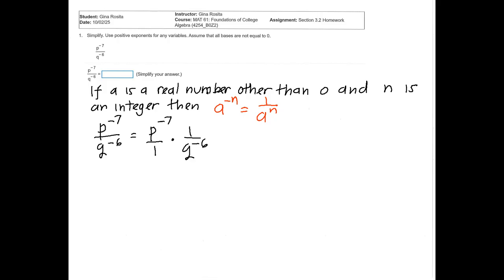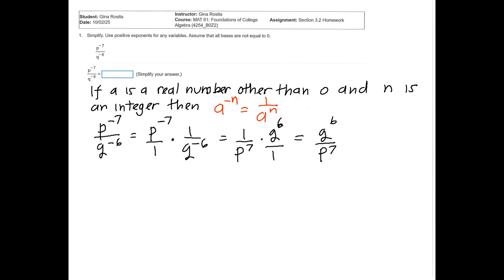After this, we just flip it. So it becomes 1 over p to the 7 times q to the 6 over 1. So now the answer becomes q to the 6 over p to the 7. It's not hard, yeah? So we just flip it to become positive.